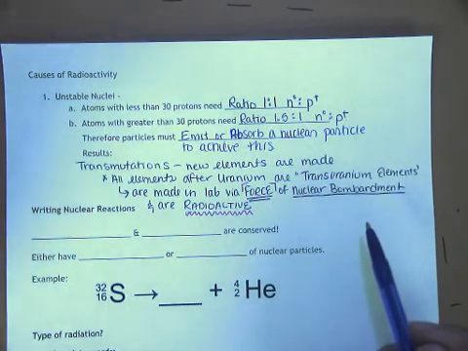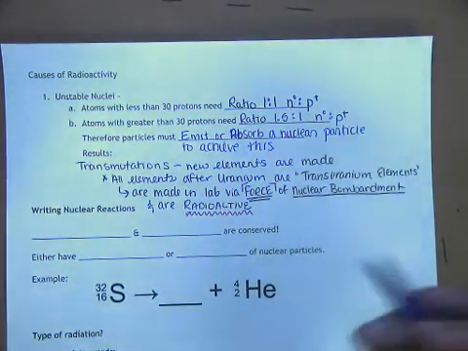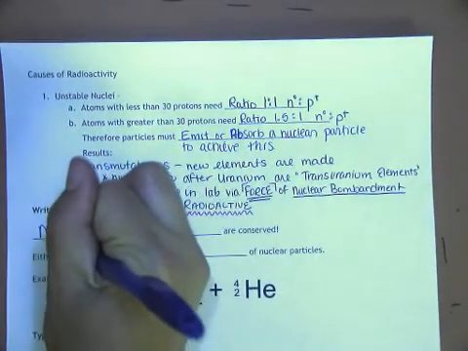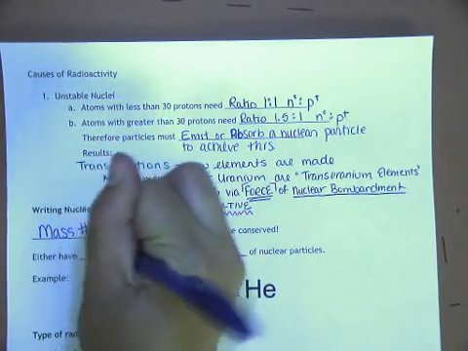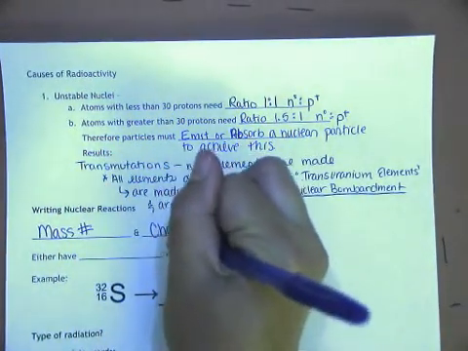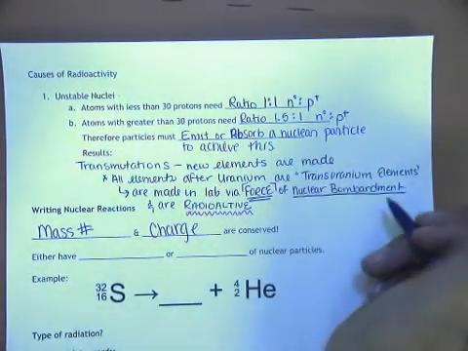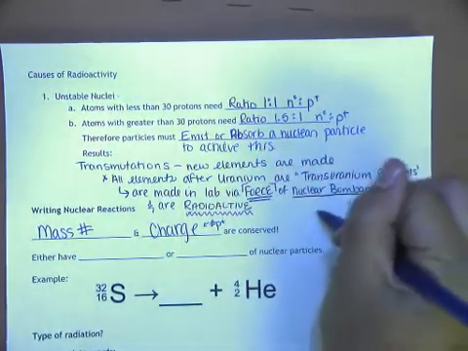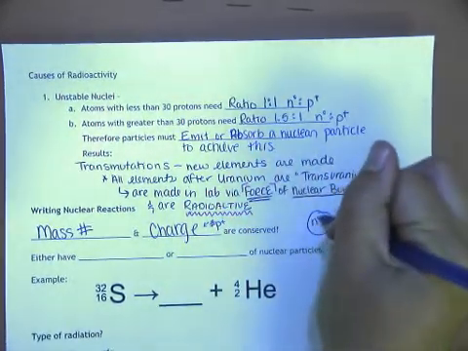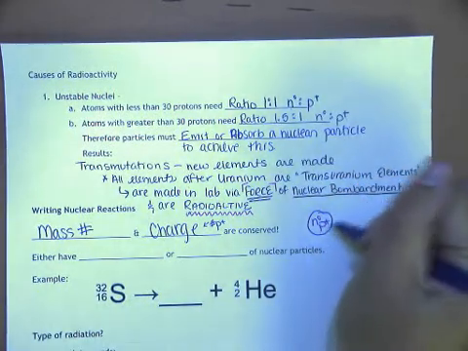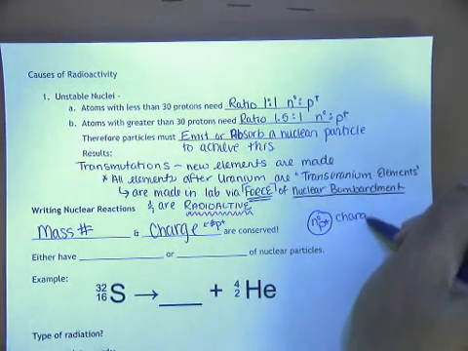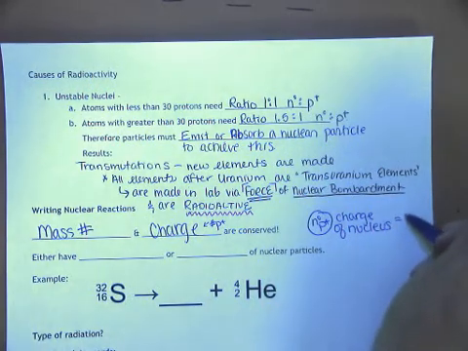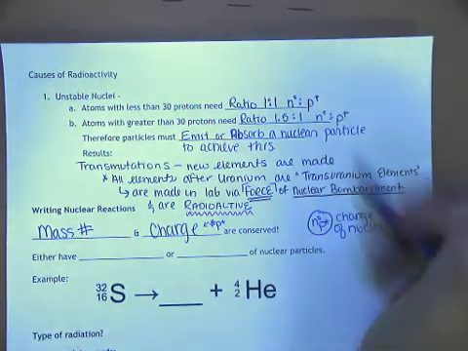Now we can write these nuclear reactions. During this time, we need to know that the mass number and the charge are conserved. Now, our charge is our number of protons because we're just dealing with our nucleus. In our nucleus, we have neutrons and protons, so the charge of the nucleus is our number of protons, which is our atomic number.